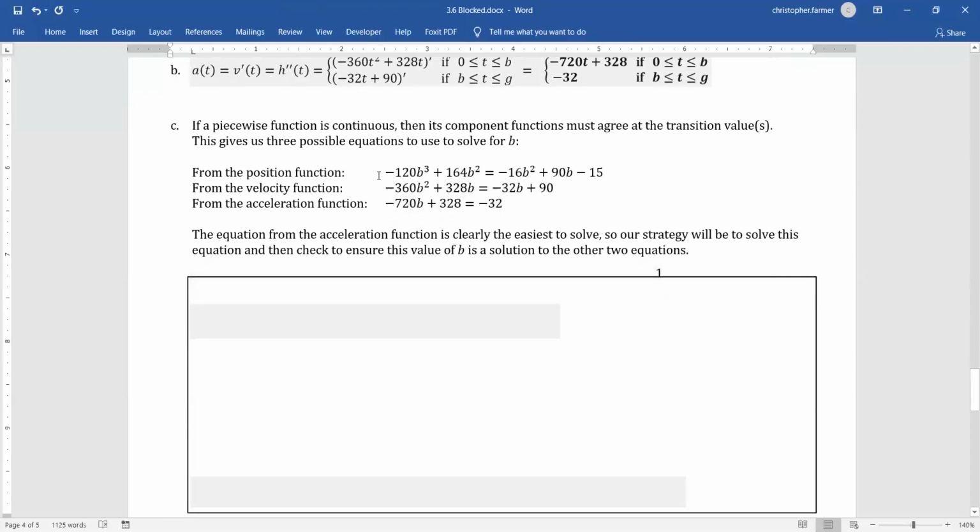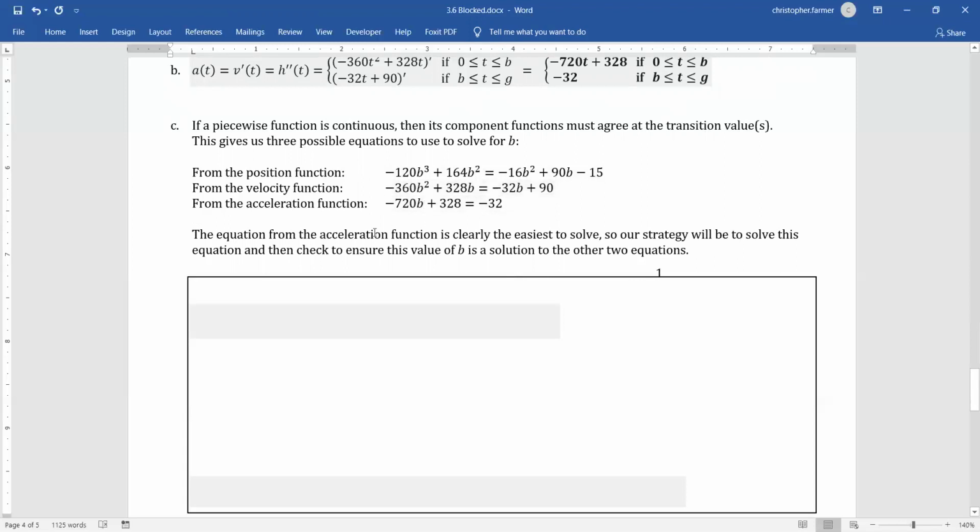If you wanted to, you can write this out as a system of equations. But notice that first equation is going to be pretty tricky to solve. And even if we did, it'll have 3 different solutions that we'd have to go through to figure out which one is valid for us. Same thing with the velocity function. It would not be as bad. We can use the quadratic formula, but we'd still have 2 different values and would have to decide which one is the actual value.